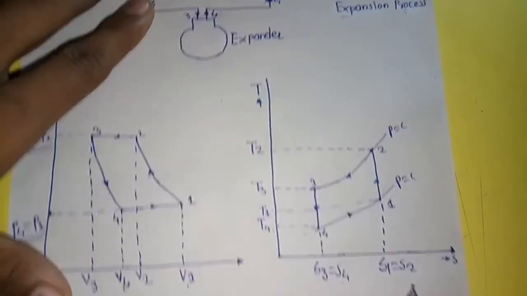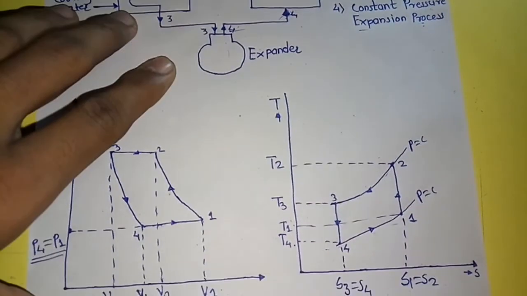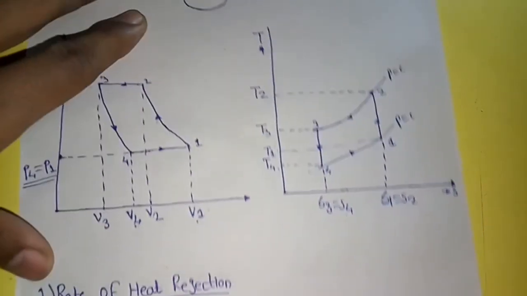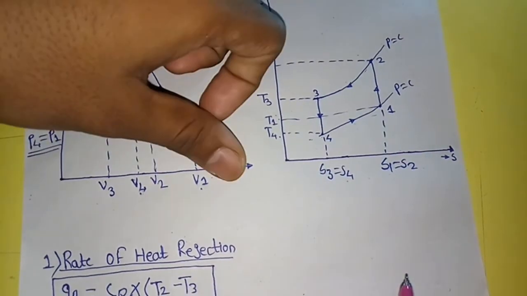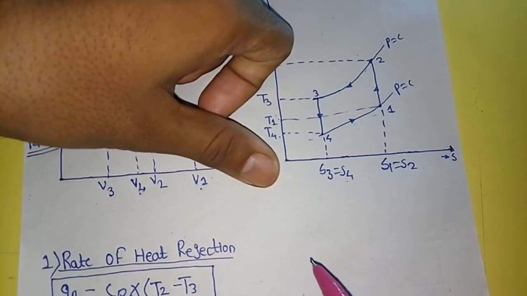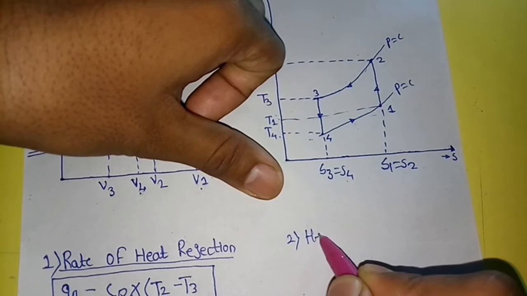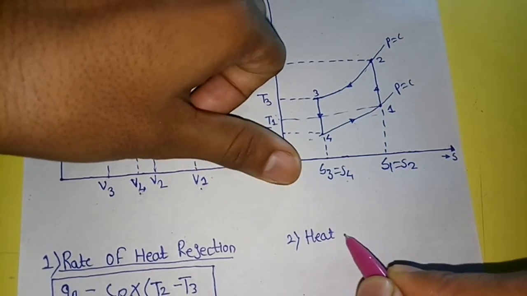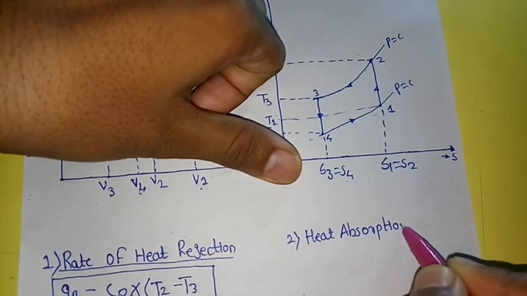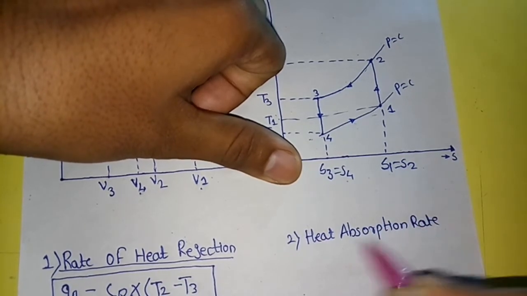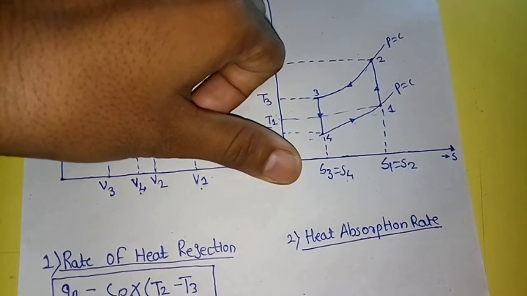Here, in this last process, the constant pressure expansion process, heat absorption takes place, and the rate of heat absorption can be calculated by using the following equation. So let's see what this equation is. The heat absorption rate, or rate of heat absorption, either can be said.